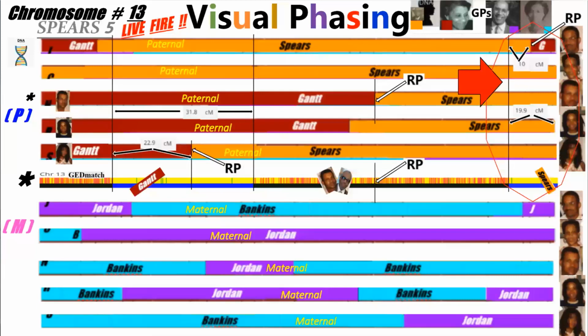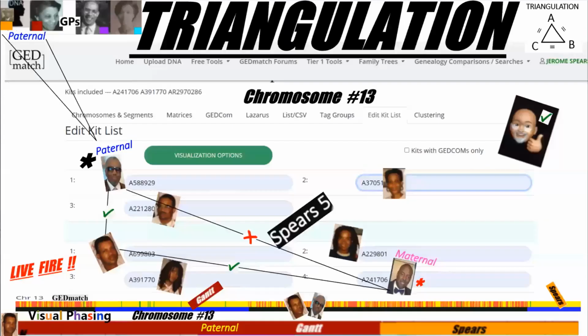Well, another recombination between Gant and Spears is impacting me and me only, not my other siblings. And as a result, I'm getting the shorter amount because of a recombination. And so this is all playing out in the way we would expect it to. And so this is a kind of a good news story. We can pack it up and say we're done here.